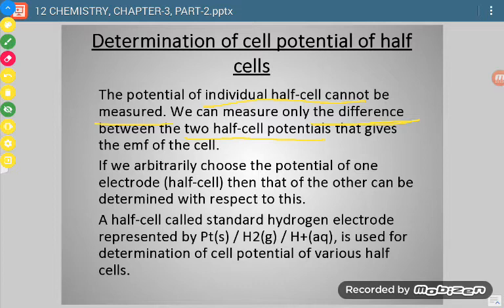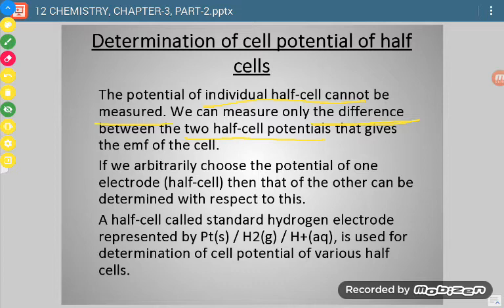For this reason, we take a particular cell as a reference cell, for which we consider a certain value, and then we combine all other half cells with that, and then the difference is calculated and we can determine the value of the half cell.